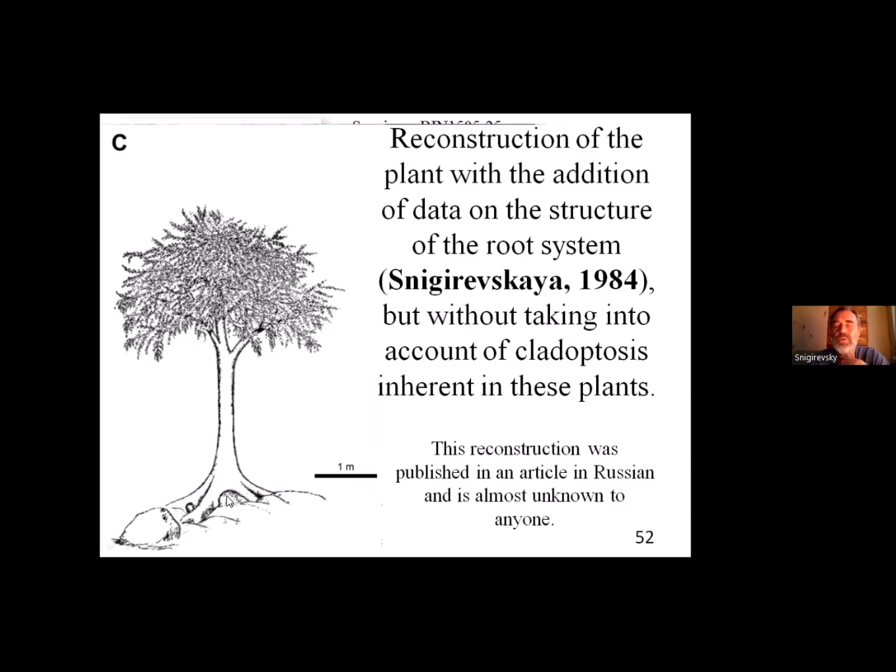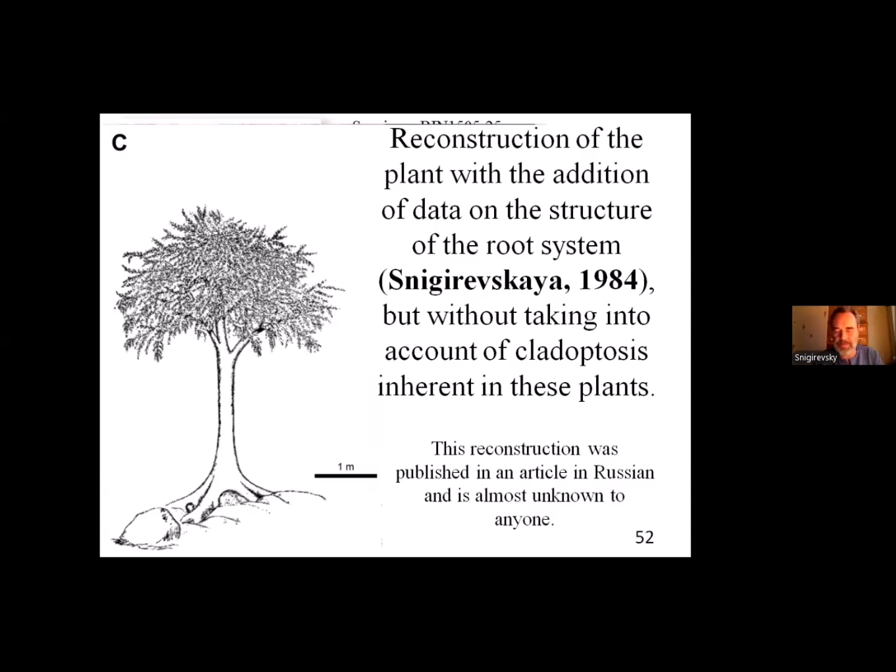This plant grew on very poor soils between stones and small and big pieces of rocks.